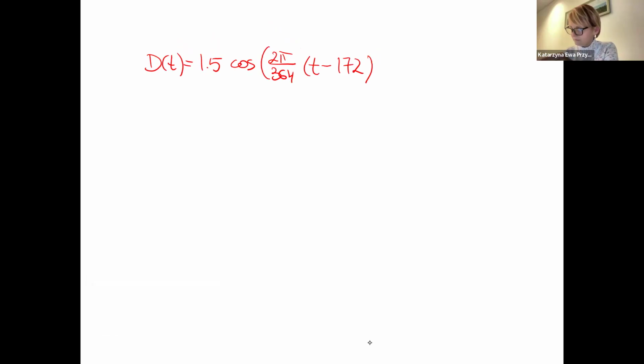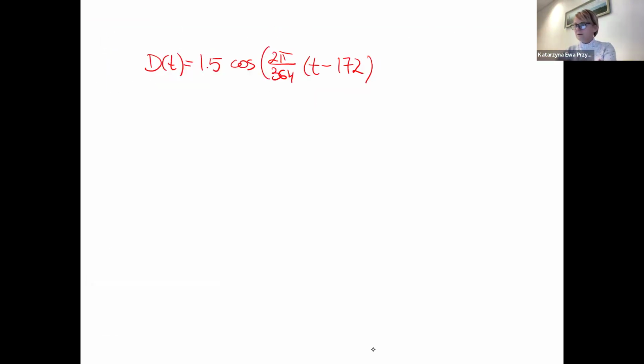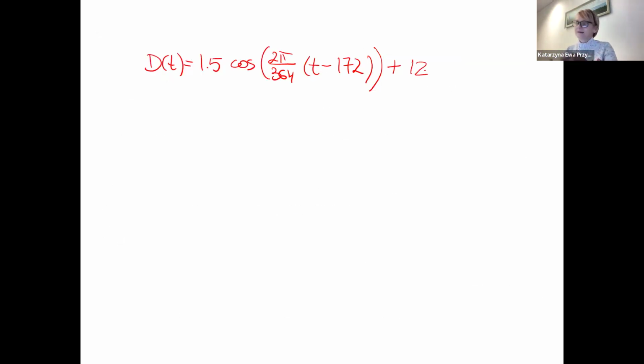D of t equals 1.5 cosine of 2 pi over 364, times t minus the shift 172, and then plus the midline, 12. Okay, that's the equation. Really nice.